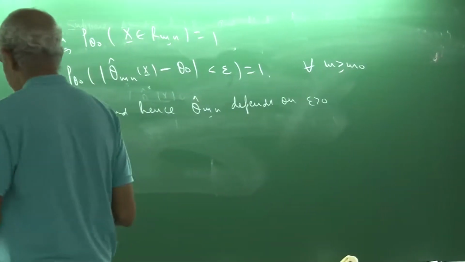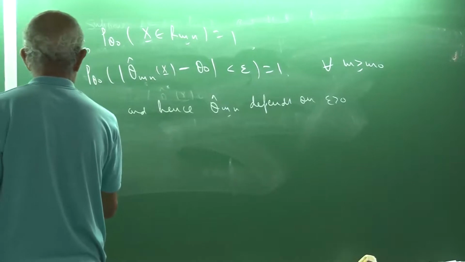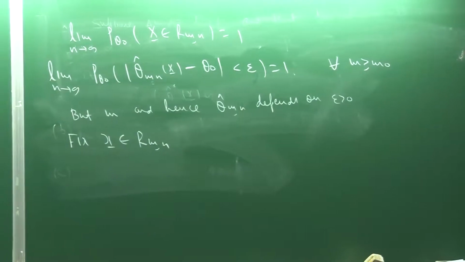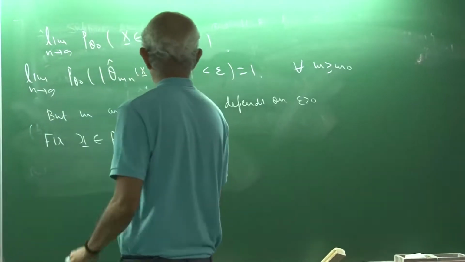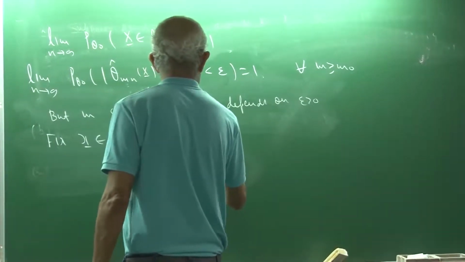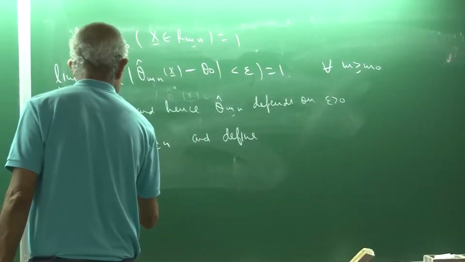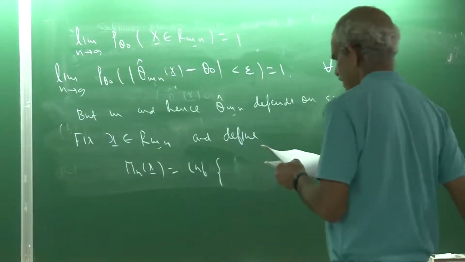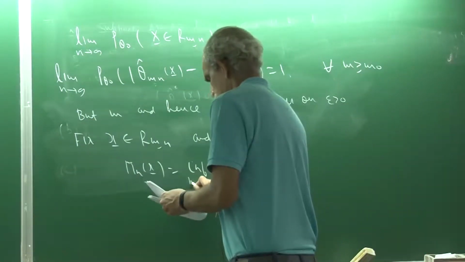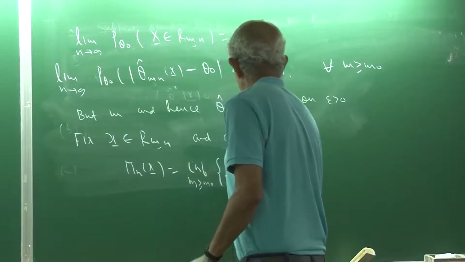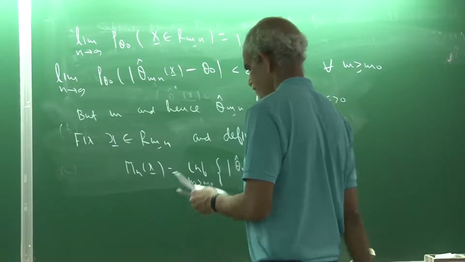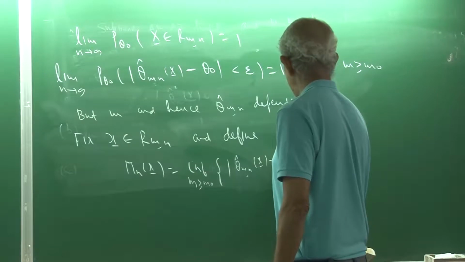So what I do is fix x belonging to Rmn, which is the set, and define mnx as the infimum of all the distances, m greater than or equal to m naught, of theta hat mn x minus theta naught.